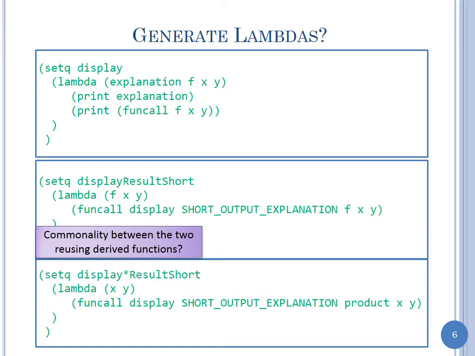They both do funcalls. Anything else? They call display, right? And they provide the arguments. So I'm saying generate the other two definitions from the first definition. So that's what they do. And how do they differ?